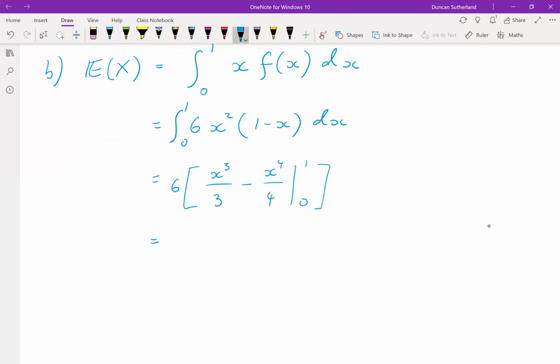So that's 6 times, the bottom limit obviously gives us 0. The top limit is a third minus a fourth, which is a 12th. So this turns out to give us a half.